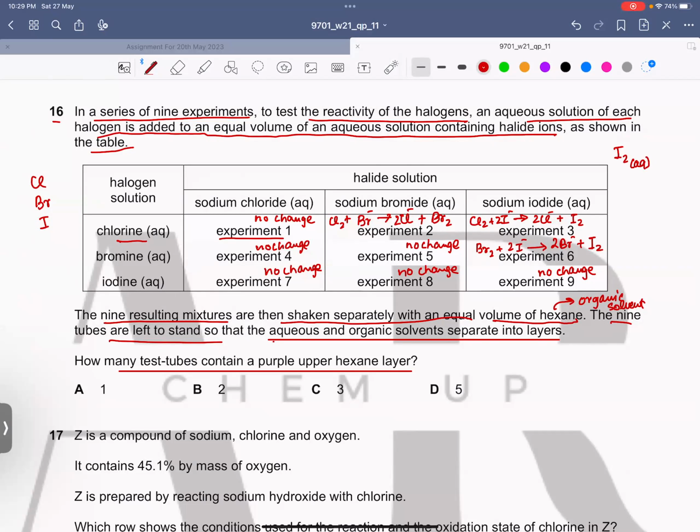Yes, can anybody tell me the color of iodine in its aqueous state? Yes, please. Can anybody tell me the color of aqueous iodine?